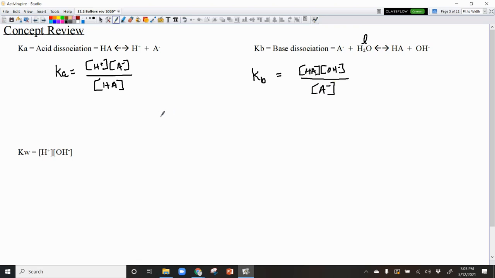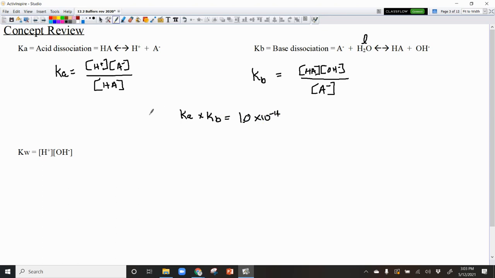And we know that Ka times Kb is equal to 1.0 times 10 to the negative 14th. That's the dissociation constant for water.